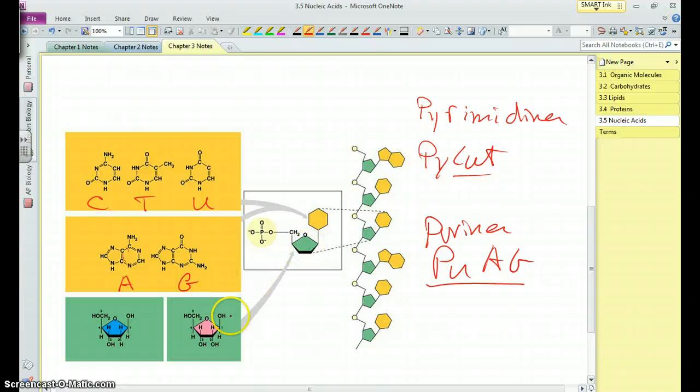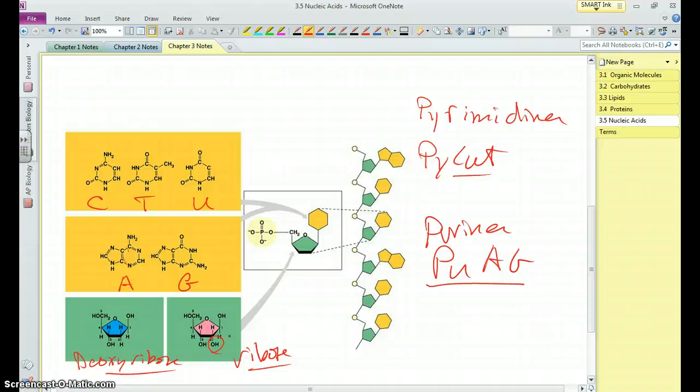Alright, now the sugar in DNA and RNA is different. So in DNA we have the deoxyribose sugar, deoxyribose, and in RNA we just have the ribose sugar. You can see they're similar, but there's a slight difference. There's this extra oxygen down here in the ribose sugar.